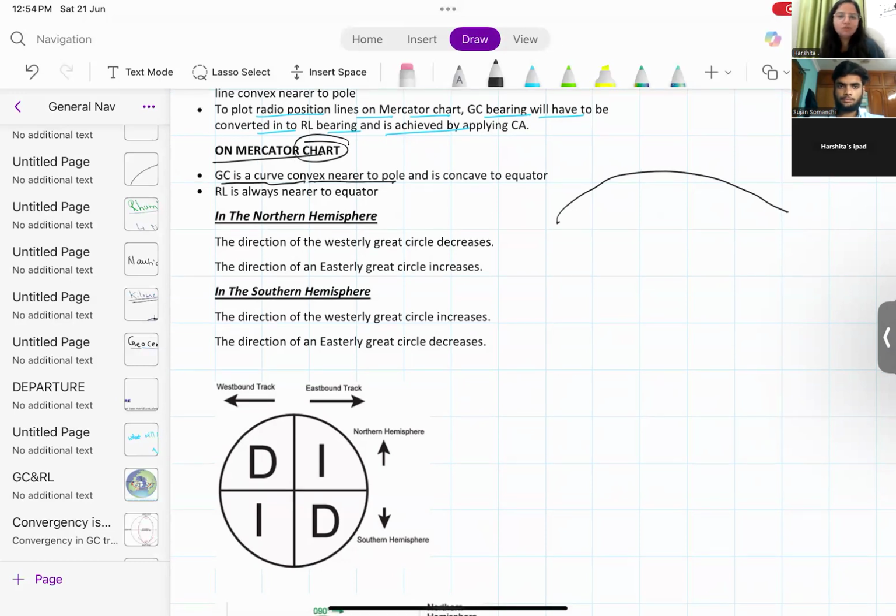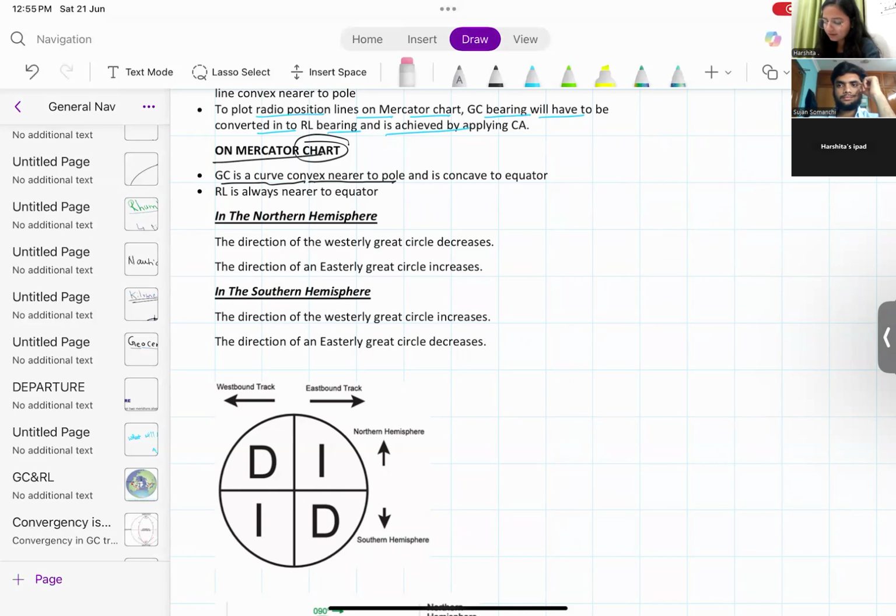Convex nearer to poles. If this is pole, this direction is convex. Towards pole it is convex and equator is here. Towards equator it is concave. No doubt till now.